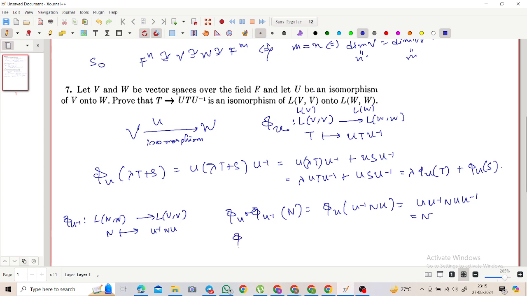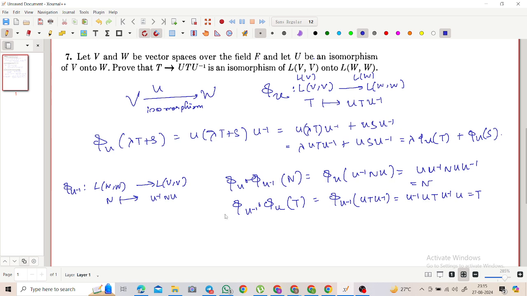These are very natural choices. I don't know why all of you are so silent. I can't come up with a more natural choice. I mean, if phi U is this, phi U inverse should be like this. Okay, so these are identity.